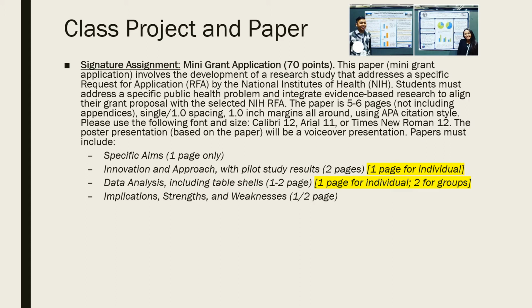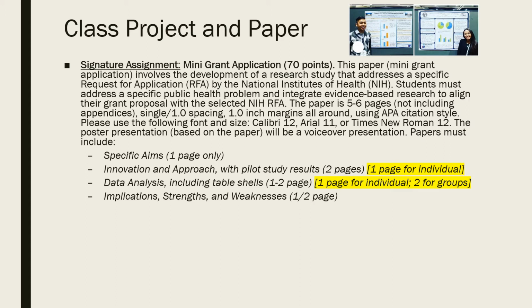Then you want to think about your implications, strengths, and weaknesses. Your strengths and weaknesses are always about your study design and the study itself, so think about it in those terms. For the implications, you're broadening: if you are able to accomplish the research that you're proposing, what are the logical next steps?